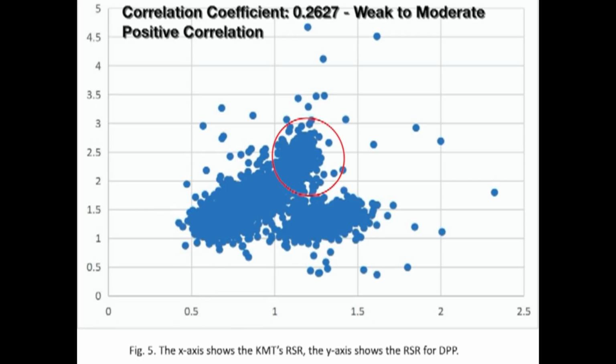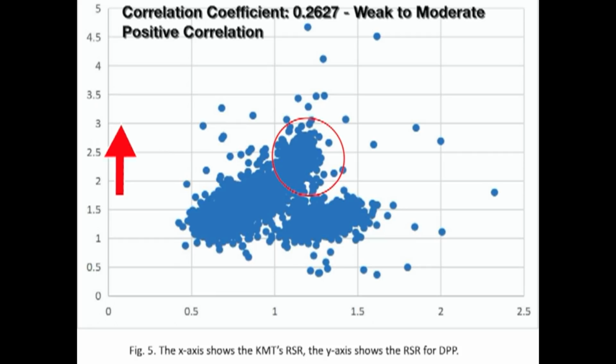In that group of dots, we can see that there's also a part of it that is to the right of the 1. Now, on the y-axis for the DPP, most of those dots are between 1.5 and 3, which means that when KMT support in those areas increased by around 0 to 25%, DPP support increased by around 50% to 300%.